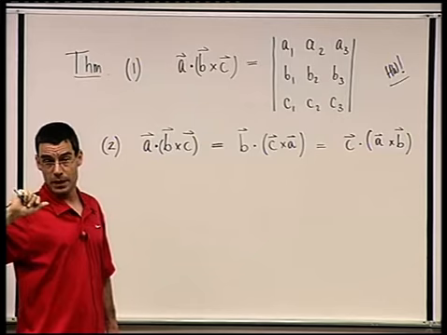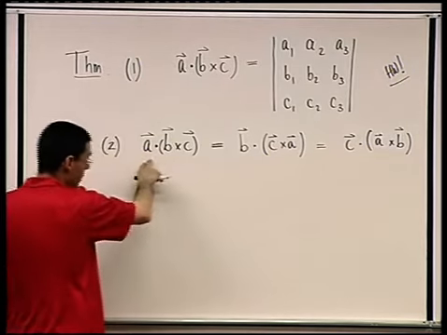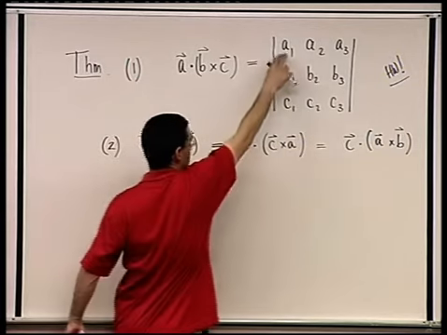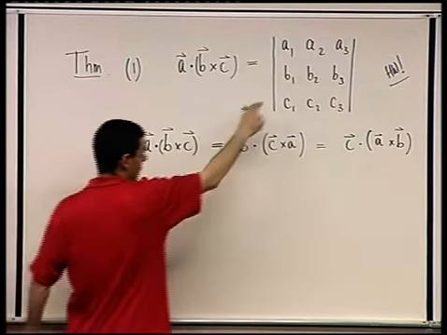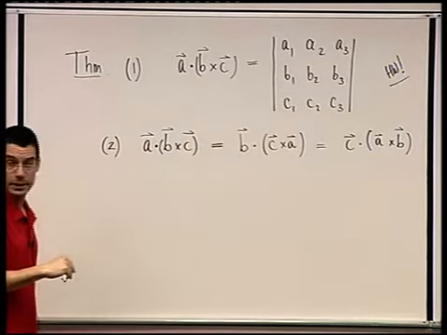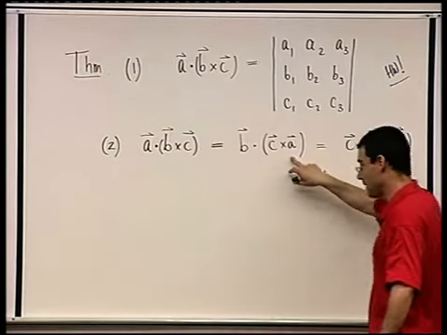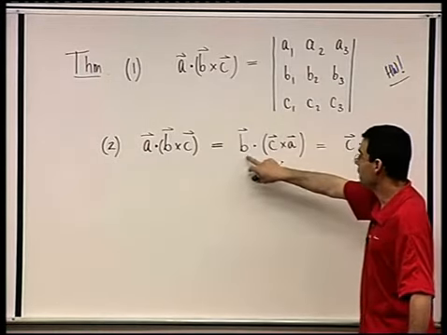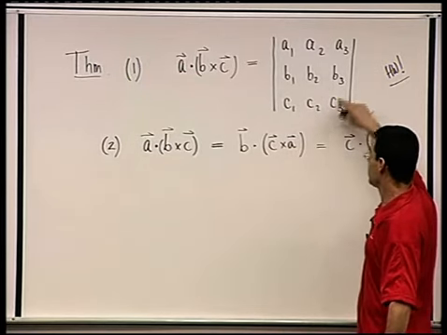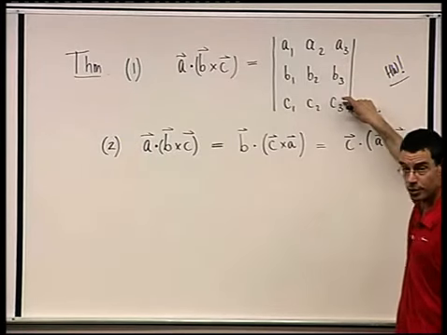Okay? And that requires proof. It's not hard. But if you think now what's written here, A dot B cross C is writing the row corresponding to A first, the row corresponding to B second, and the row corresponding to C third. Right? What is B dot C cross A? Well, you're writing B first, C second, and A third.